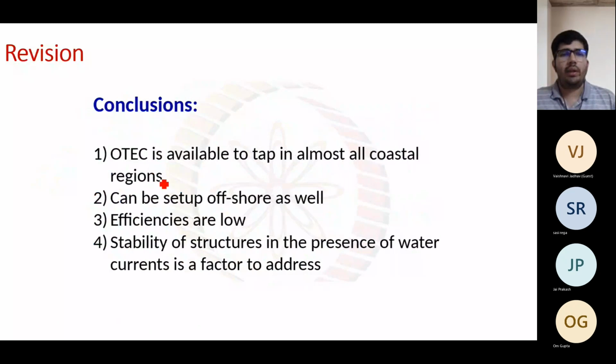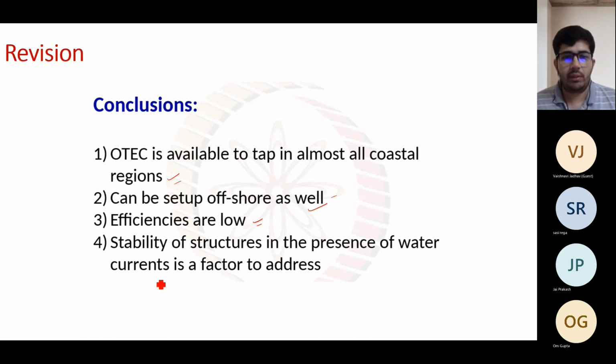The conclusion from this is that OTEC is available to tap in almost all coastal regions. It can be set up offshore as well. Efficiencies are low because the temperature difference is very small.